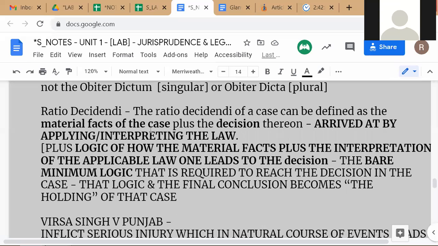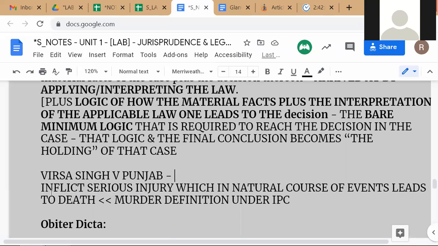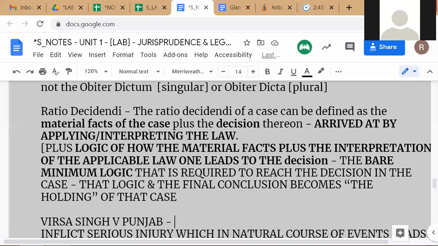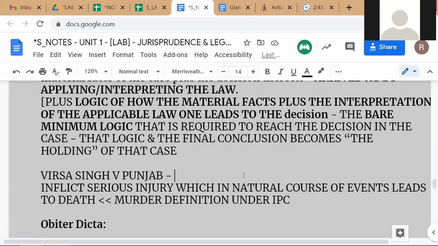If we expect this to be followed in the future for similar matters, then what is the rule that can be extracted from this case that will apply in the future? It is that if you inflict this kind of an injury, then that will also be considered as murder. That is the ratio of this case, the ratio decidendi, which for short we just call the ratio. So this is the idea.